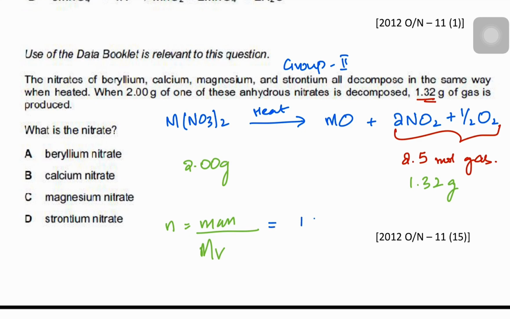What's the mass? 1.32. But you might be like, sir, which MR do we use? We use the nitrogen dioxide or do we use oxygen? My suggestion is use both with their entire mole ratio. So here, a very tricky thing is going to happen, right? We are using the MR for 2 moles NO2 and half mole O2.